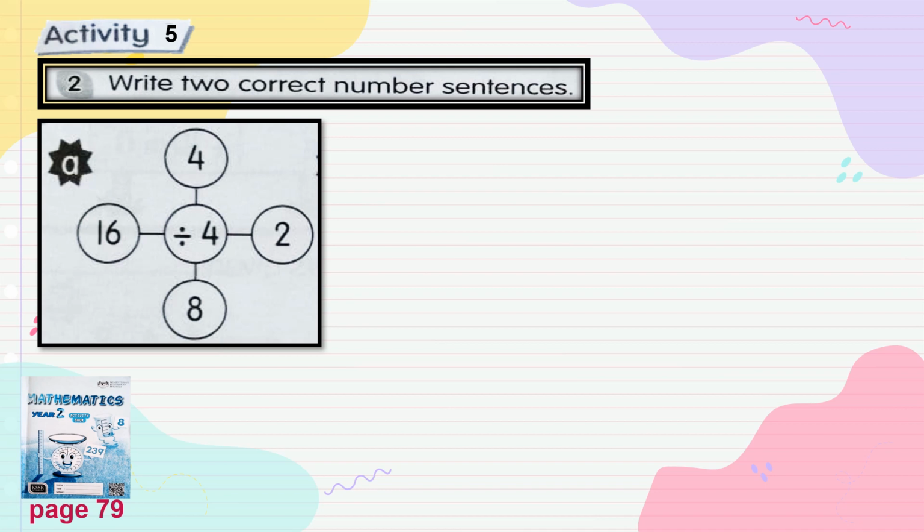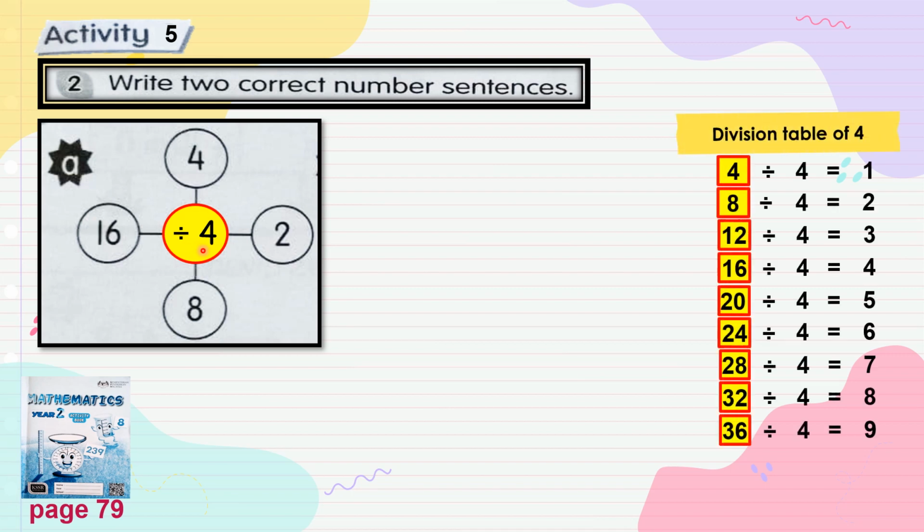Activity 5. Read the instruction. 2. Write the correct number sentences. A. First, look at the divisor. Divided by 4. So we use the division table of 4. Now, let's find the biggest number here.